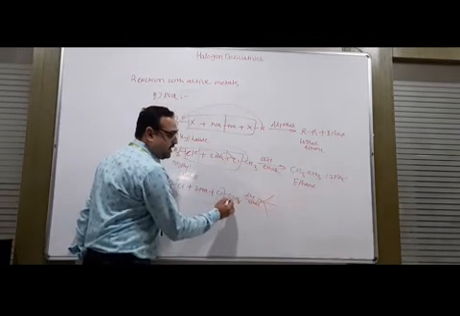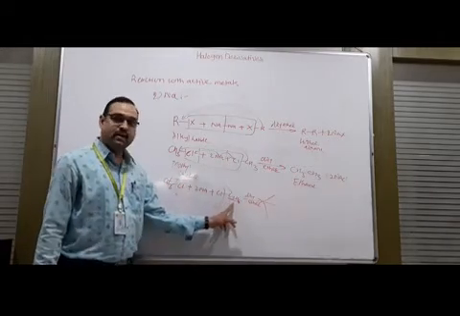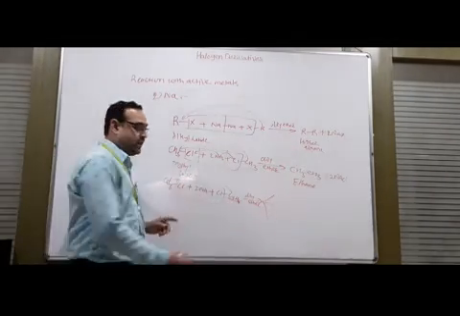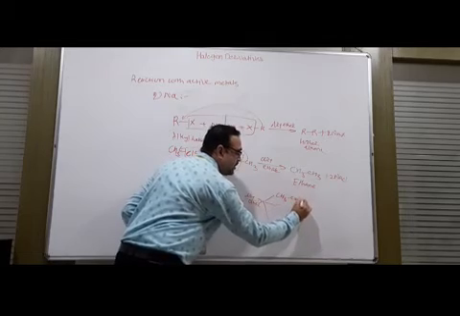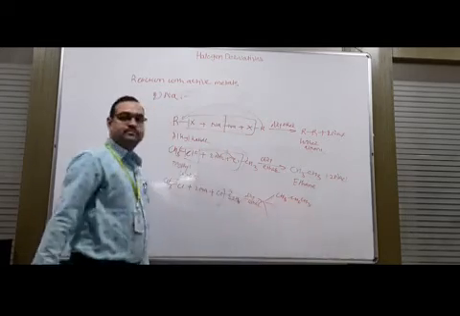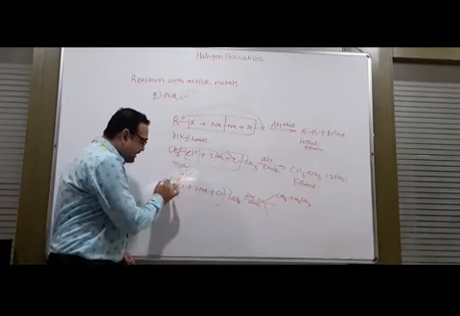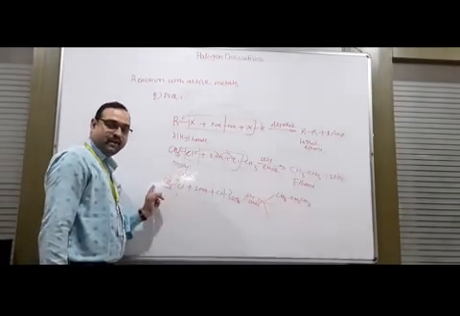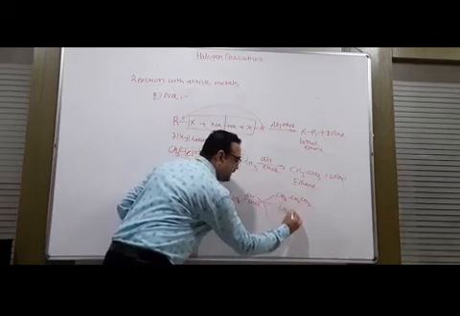First, ethyl when reacting with methyl gives propane, that is CH3CH2CH3. When methyl reacts with itself, it gives ethane.